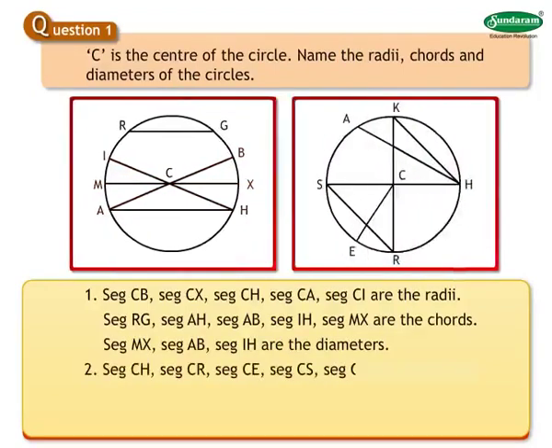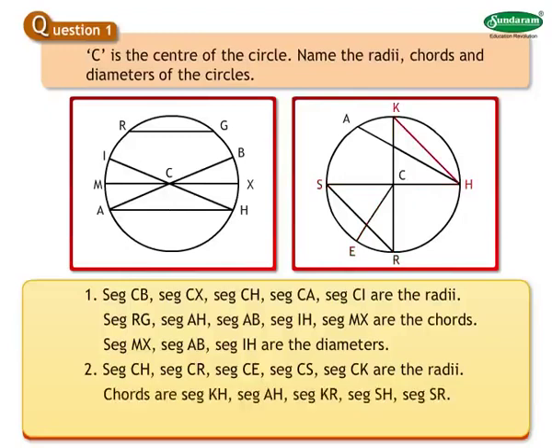Number 2. Segment CH, segment CR, segment CE, segment CS, segment CK are the radii. Chords are segment KH, segment AH, segment KR, segment SH, segment SR. Diameters are segment SH and segment KR.